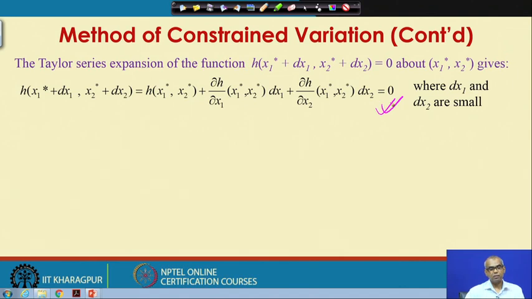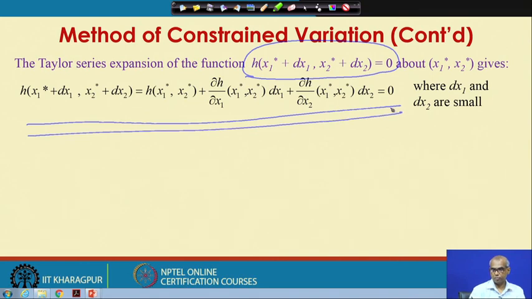We will simply do the Taylor series expansion. Why do we get this? In this expansion, we retain only the first order terms, since dx1 and dx2 are small.